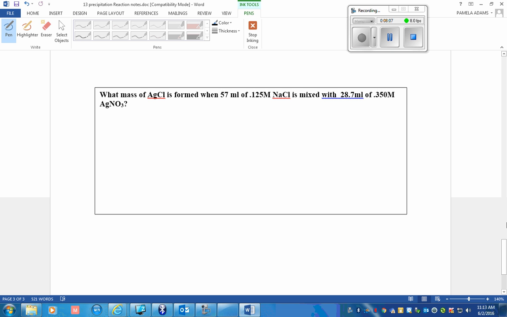What mass of silver chloride is formed when 57 mLs of 0.125 molar NaCl is mixed with 28.7 mLs of 0.350 molar AgNO3? So our equation would be solutions of sodium chloride and silver nitrate are mixed together, and we are left with sodium nitrate and silver chloride, and the silver chloride precipitates out.